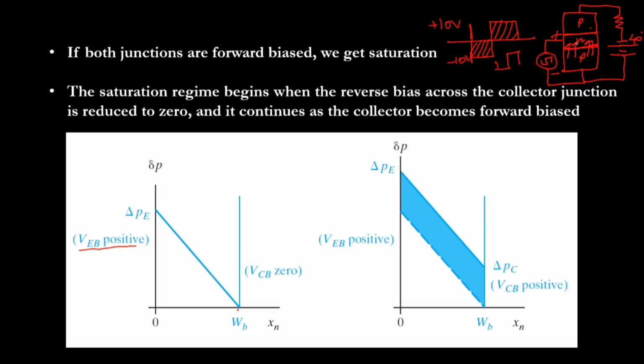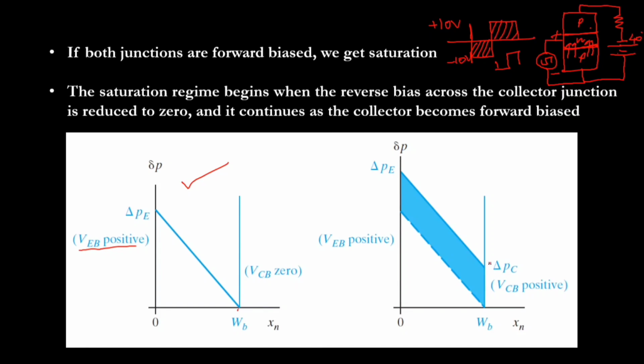Once the holes start moving to the N region, this is how the excess hole concentration is represented. Now VCB is going to be positive.